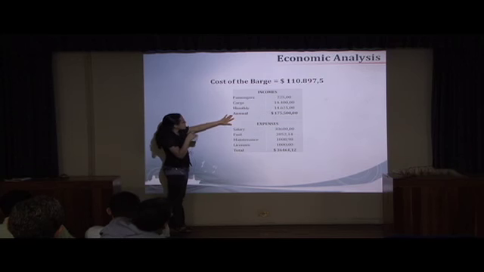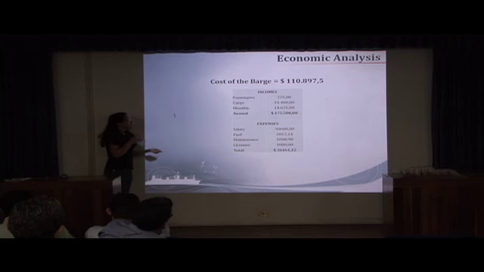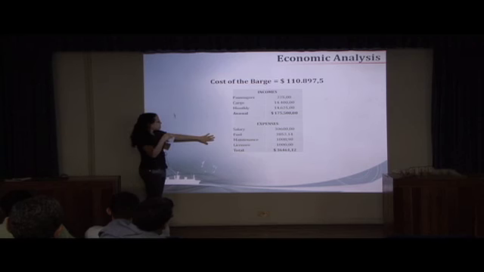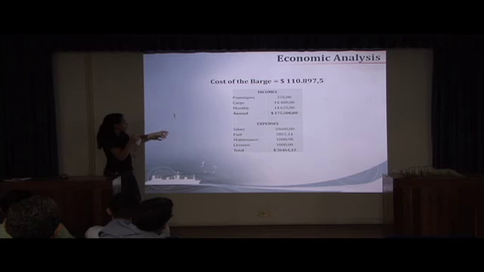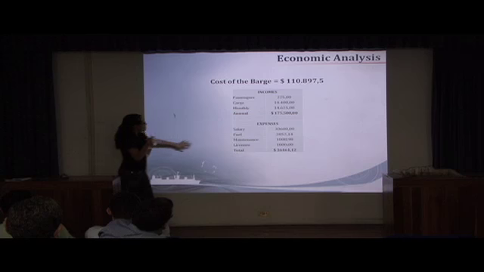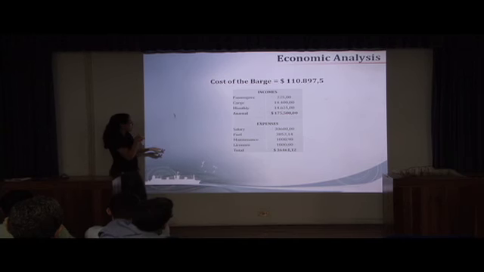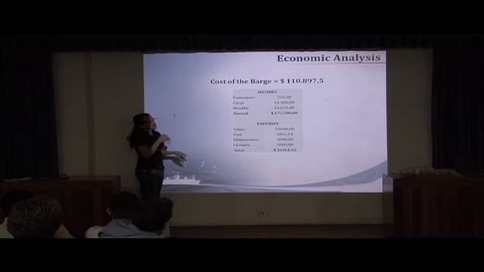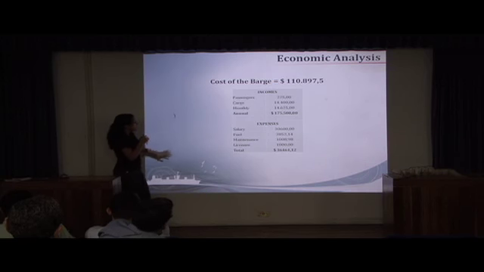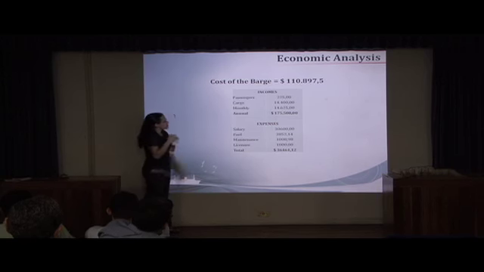So the annual income will be this. Expenses: the salary of the crew, and the fuel expenses. There is not much because it's only 2 kilometers distance, and the maintenance has to be each 2 years, and the license, the papers, the documents, the files, and the total expenses is those.